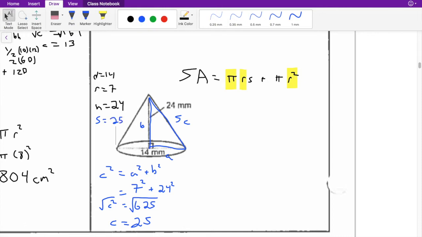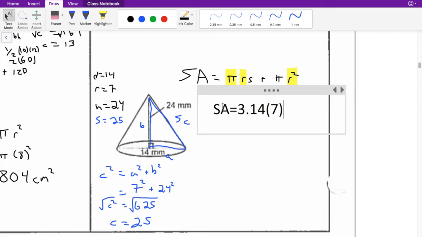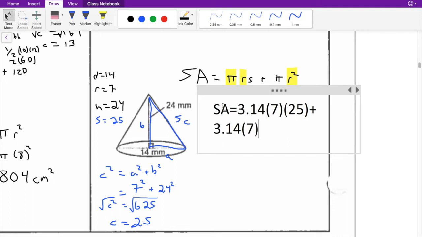So let's start plugging everything in here. And of course, I don't have a symbol, I believe, for pi. So I'm just going to write 3.14 times our radius, which is 7, times our slant, which is 25, plus pi, which is 3.14, times our radius, which is 7, and we will square that.